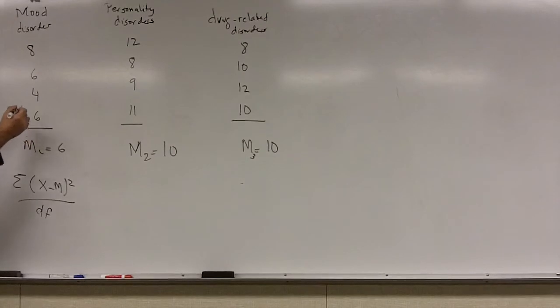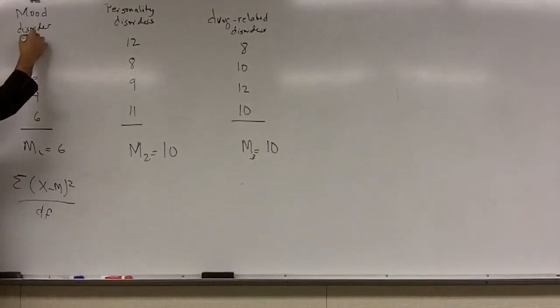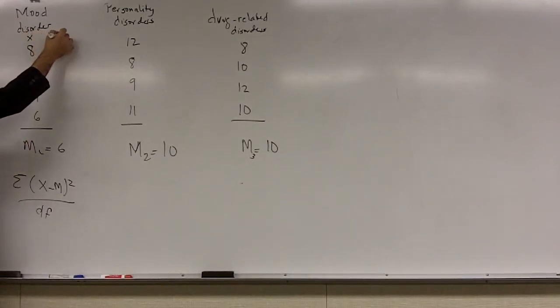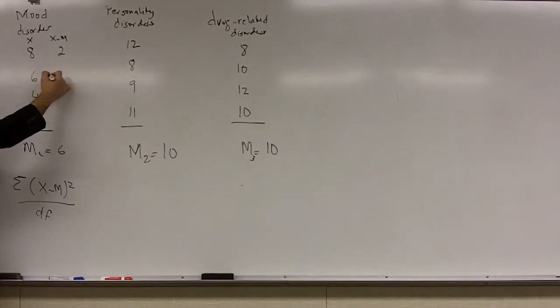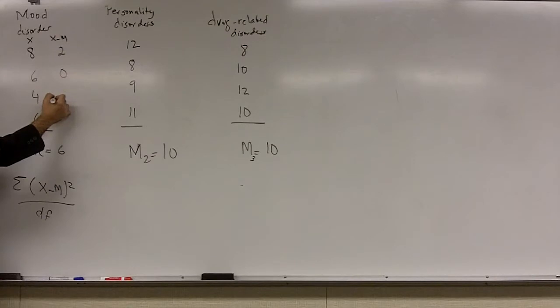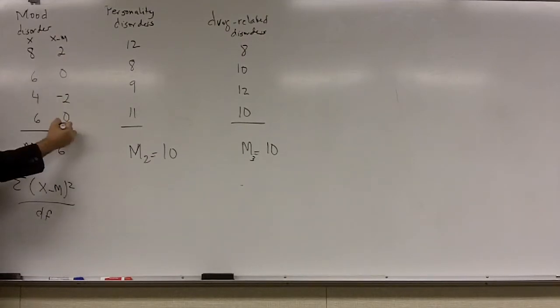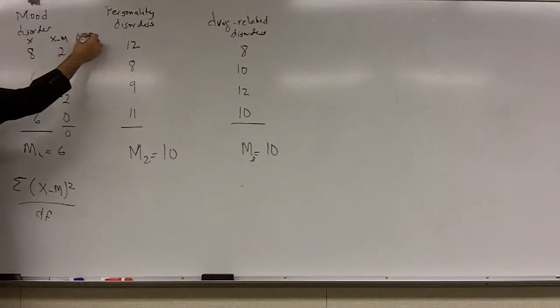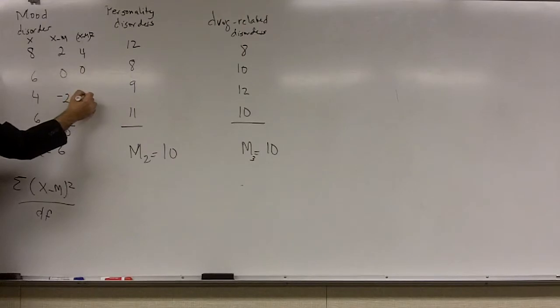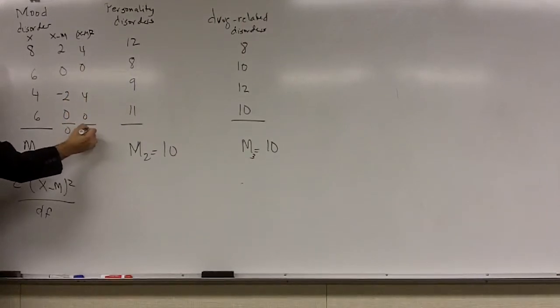For the first one, the sum of squared deviations, this is your x. X minus m is 8 minus 6, which is 2. 6 minus 6 is 0. 4 minus 6 is minus 2. 6 minus 6 is 0. And obviously, this gives us a 0. That's great. X minus m squared is 4, 0, 4, 0. That gives us an 8.